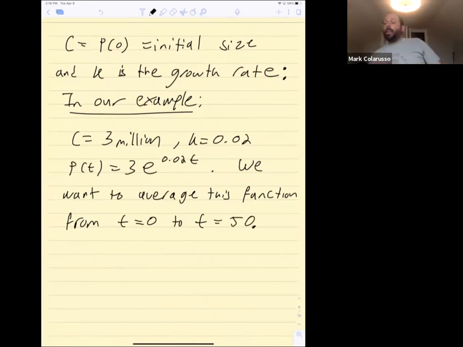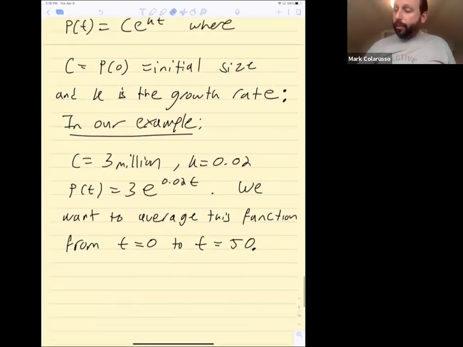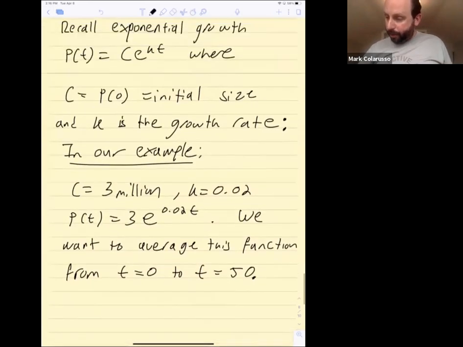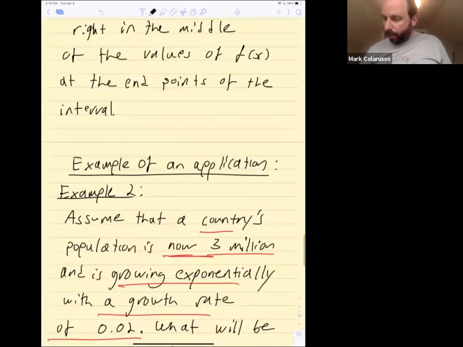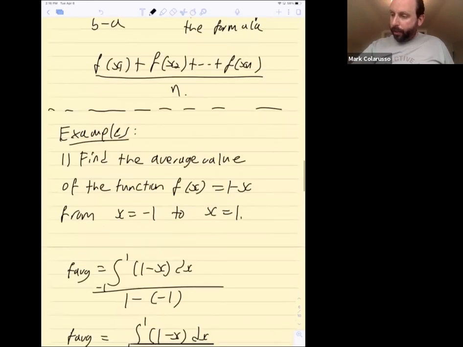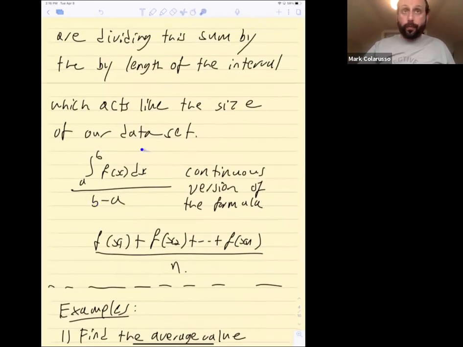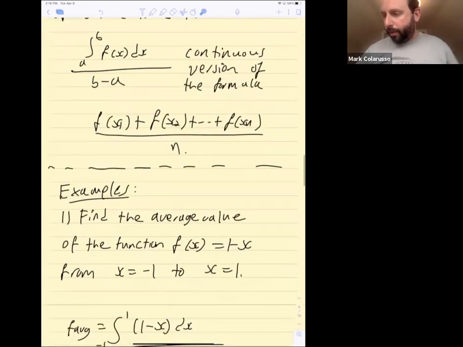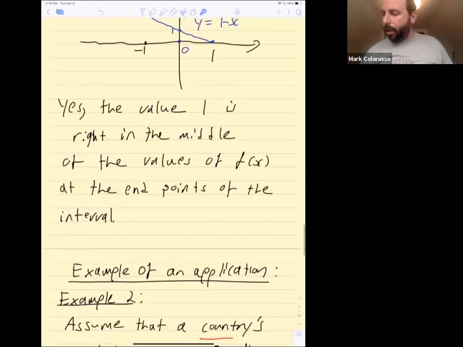Okay, so we're going to use the formula that we developed. It's gone up into the stratosphere now. That we developed up here, right? This puppy, right? Where a is 0, b is 50, and f of x is our exponential growth function, but the variable here is t instead of x. But that's not a big deal.